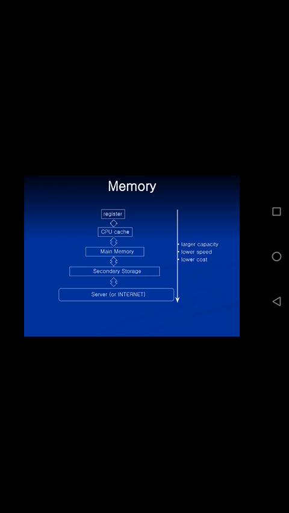So this is called the memory hierarchy, which contains different memory elements within a computer.